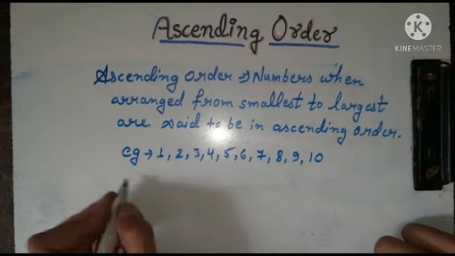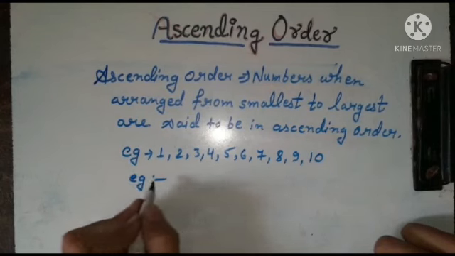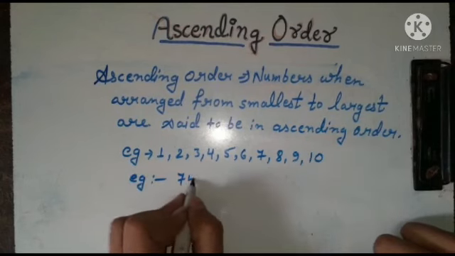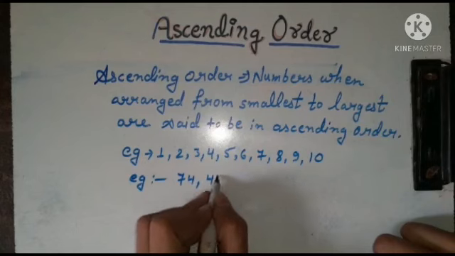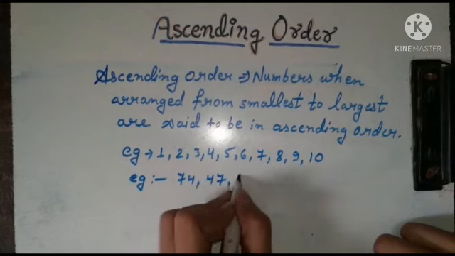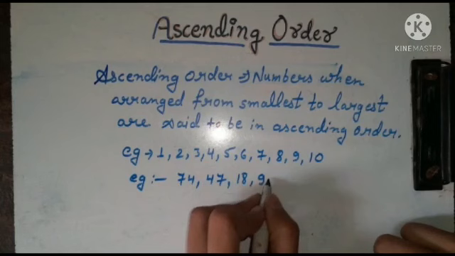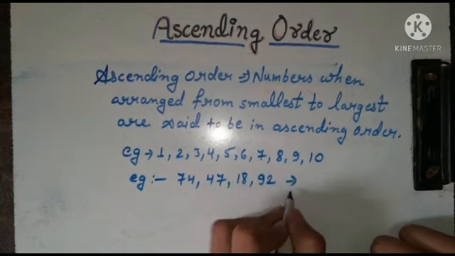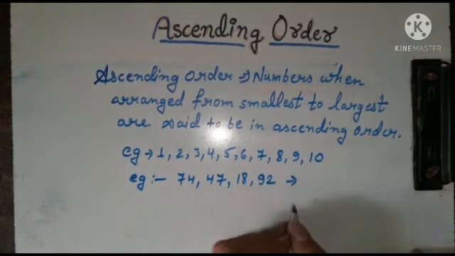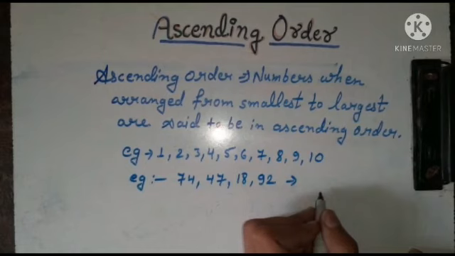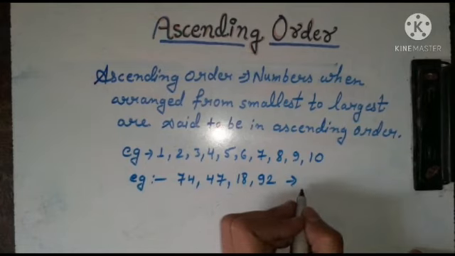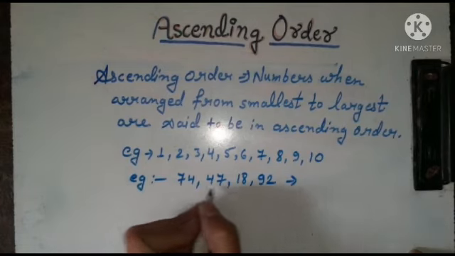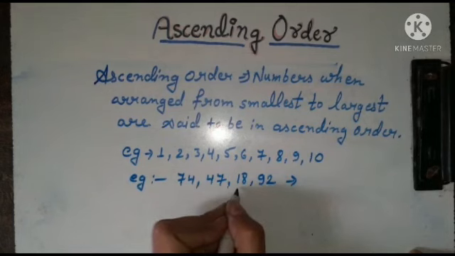Take one more example: 74, 47, 18 and 92. If we arrange these numbers in ascending order, what do you have to do? First, write which is the smallest number in this series. 18.